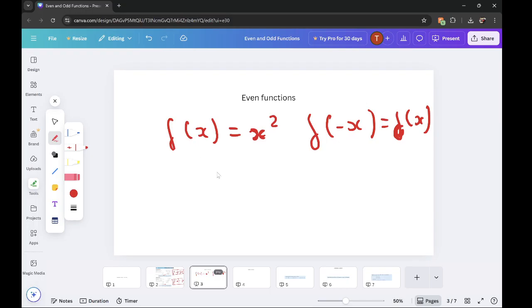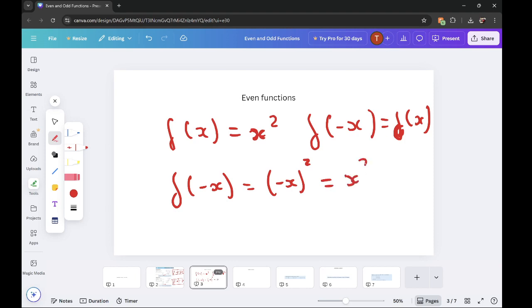So let's consider f of negative x. When you plug in negative x over here, you're plugging in negative x to the power of 2. And you look at this and think, so whatever negative x value I plug in, will that give me the same answer?